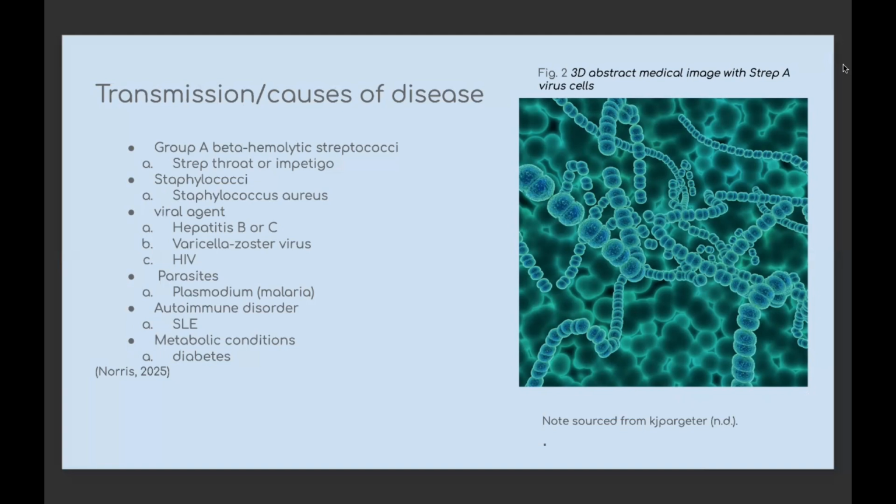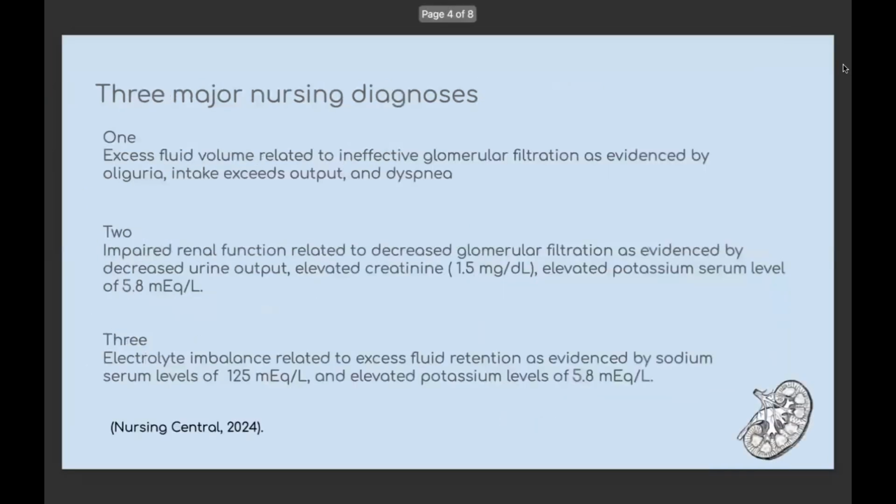Parasites can also cause this condition, such as Plasmodium, which causes malaria, and autoimmune conditions, especially lupus, can also lead to this condition, and even metabolic conditions such as diabetes. So this condition causes inflammation of the glomerulus or glomeruli tissue, which leads to poor filtration and retention of fluid.